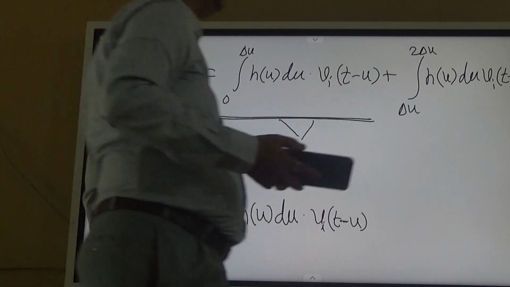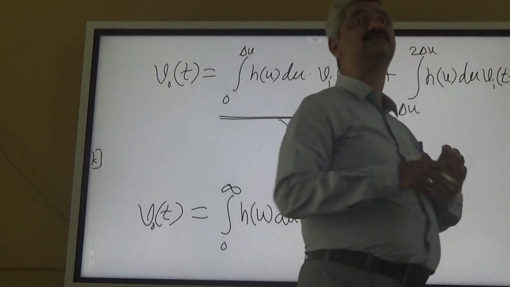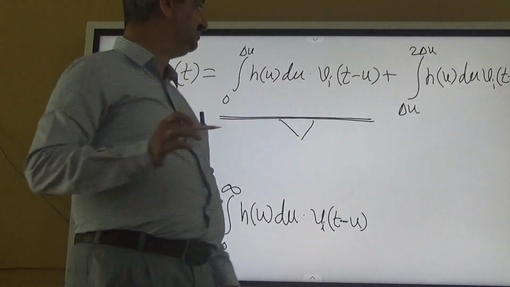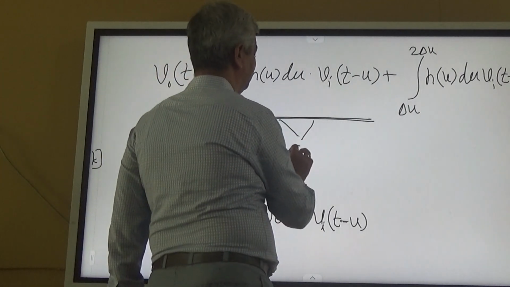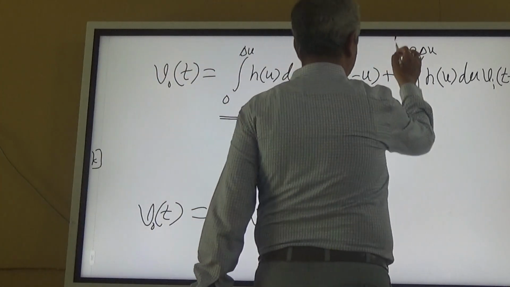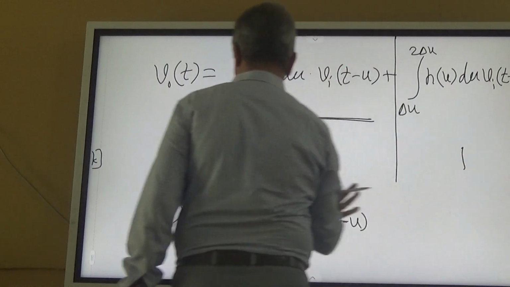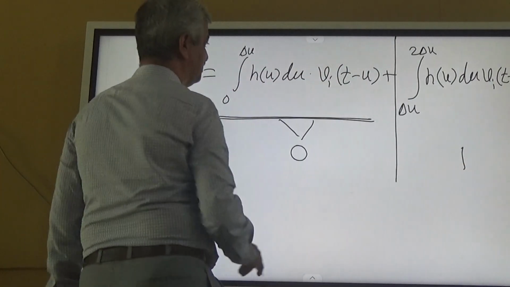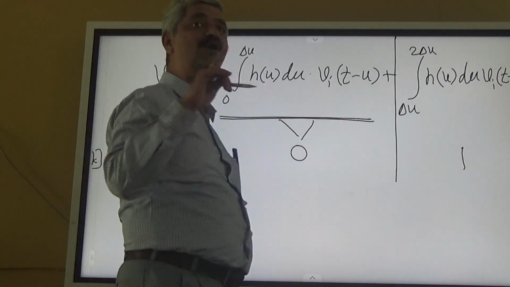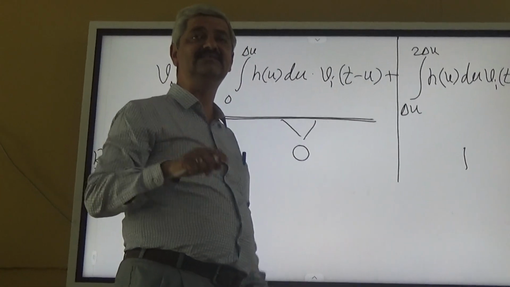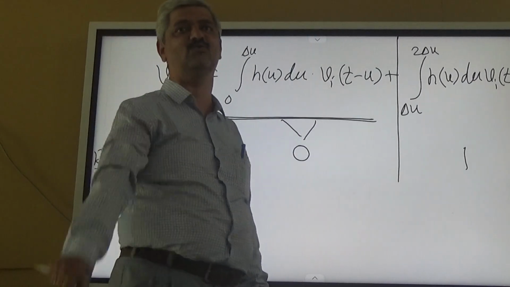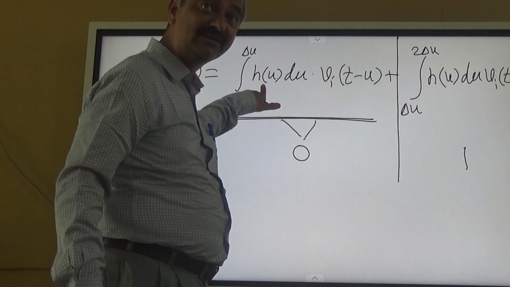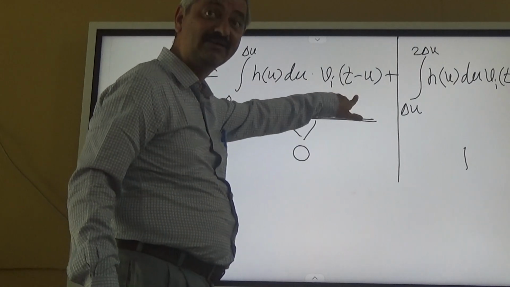So what will happen? If du is sufficiently small, then this is the zeroth interval. This is the first interval. If du is sufficiently small, then in that small interval, h(u) is a continuous variable. This is also a continuous variable.